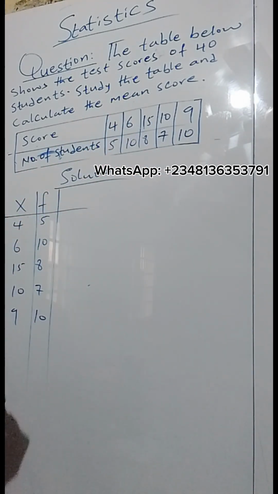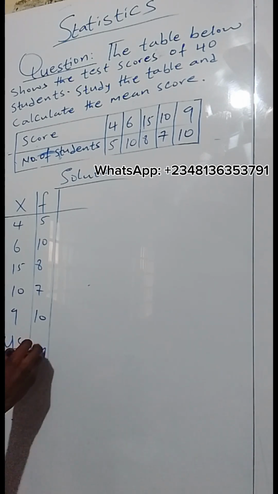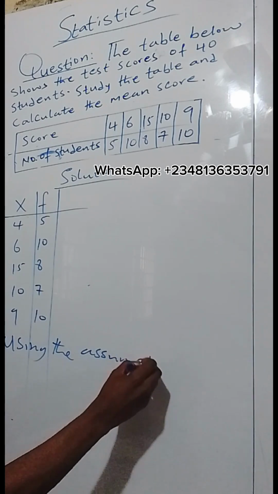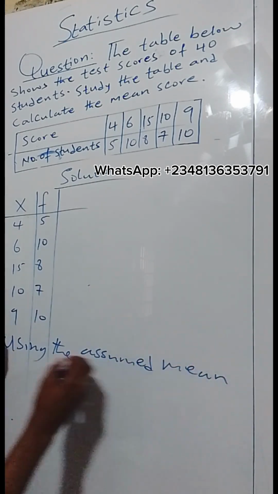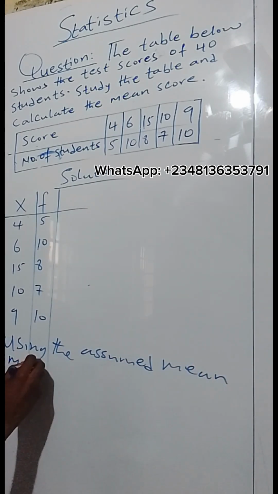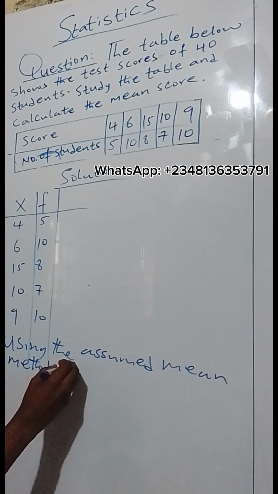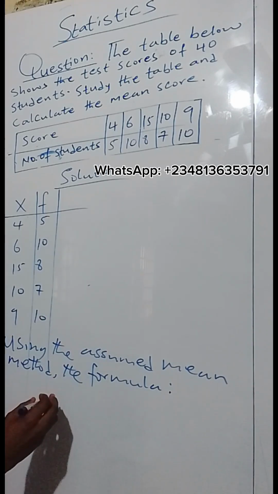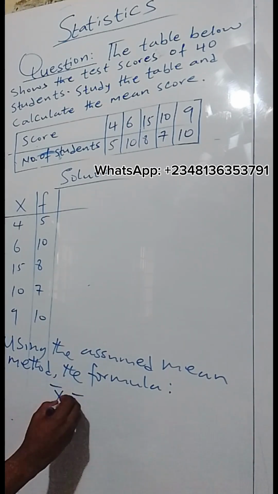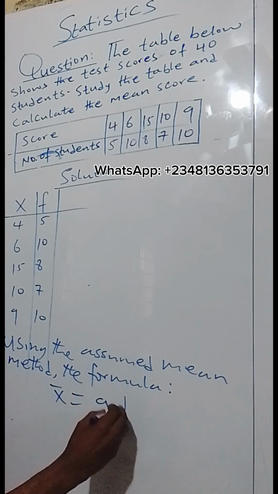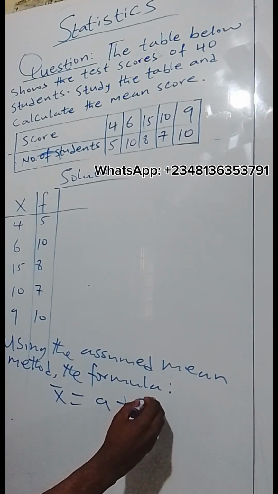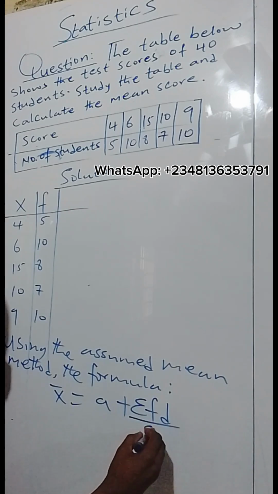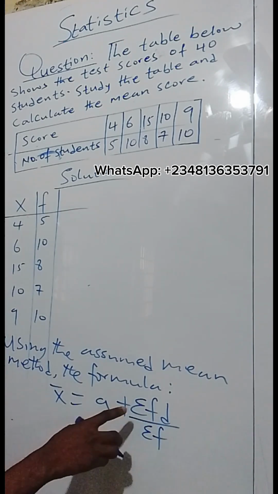So using the assuming method, the formula goes thus: we have x bar equals a plus summation fd over summation f. That's the formula.